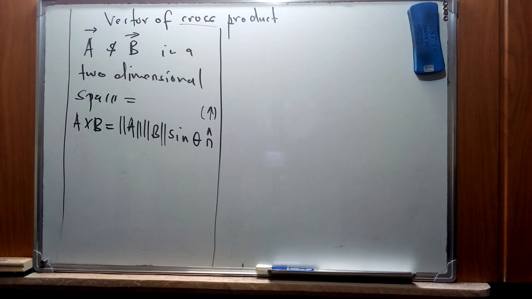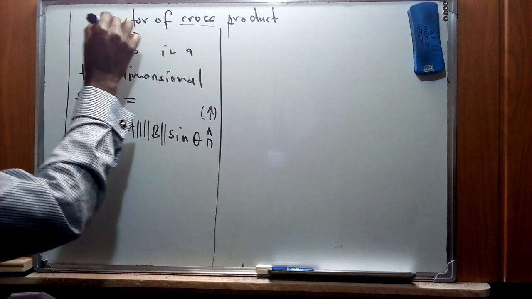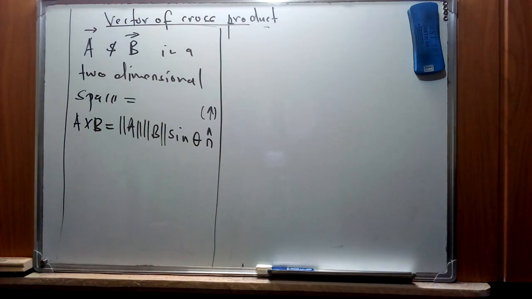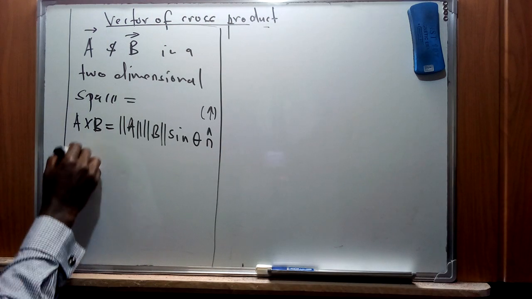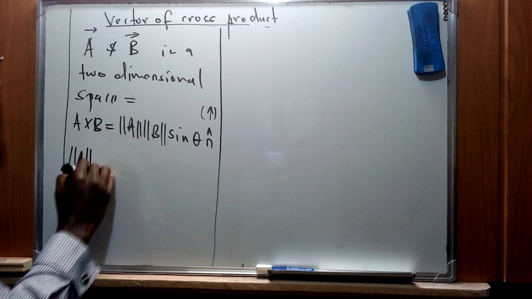So for that case, this is the definition that we're going to give for the vector of a cross product, where |a| implies basically the norm.